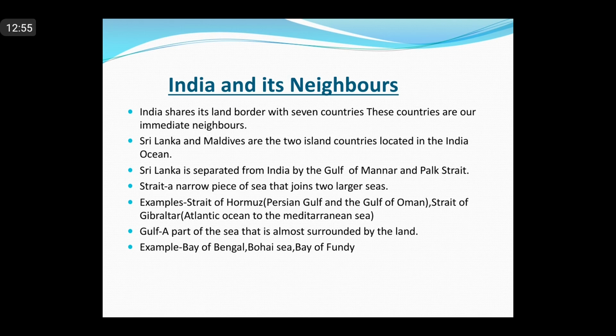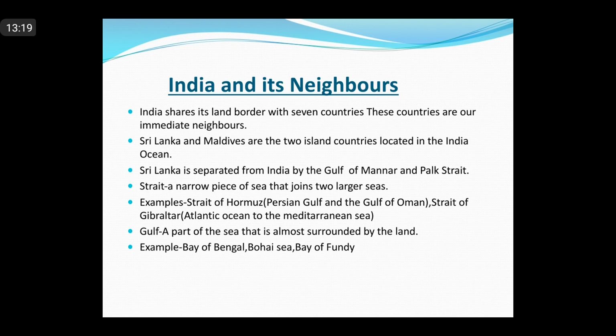The question comes in exams asking you to mention one difference between a gulf and a strait. I have given you the examples also, so you can write about that.